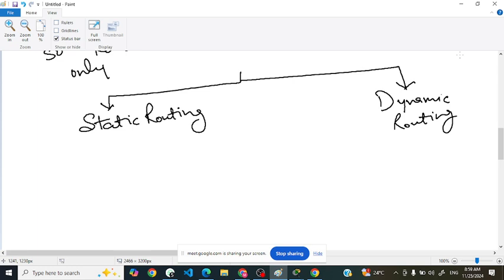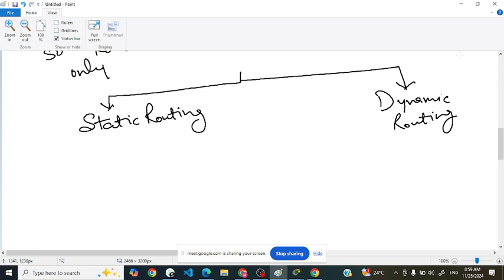Lakshman, one thing I will ask you. You will have to configure dynamic routing either by IS-IS, OSPF, BGP, EIGRP or RIP, and in static routing, you will have to manually configure the routes.